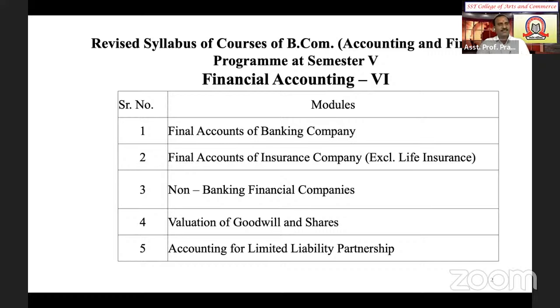Module 3: non-banking financial company. Module 4: valuation of goodwill and shares. Module 5: accounting for limited liability partnership. From all these modules, the university will ask one question from each module.